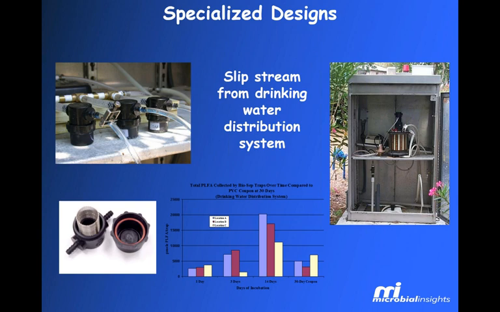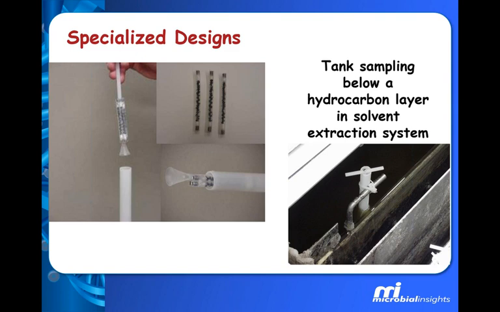Now, those are the most common biotrap designs, but I don't want to leave you with the impression that that's the only type of biotrap that has been used. There are many, many different types of specialized designs. For example, here is a flow-through biotrap, this particular one being used on a slipstream in a drinking water distribution system.